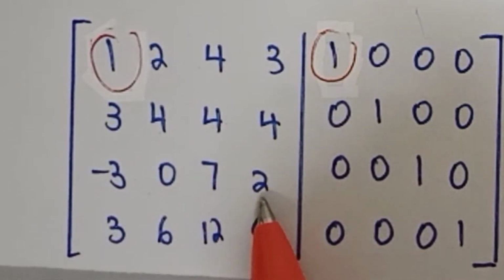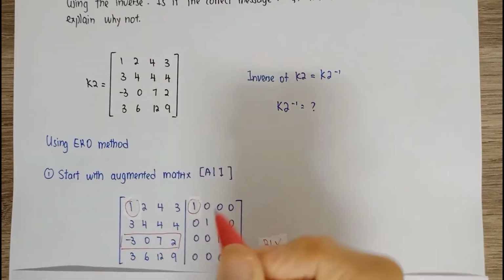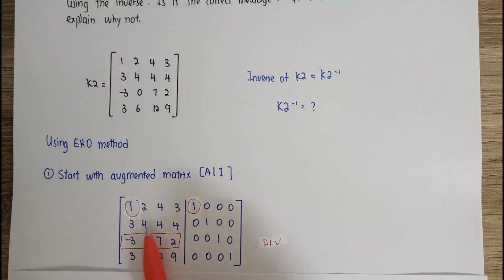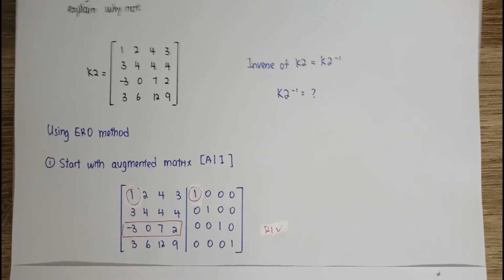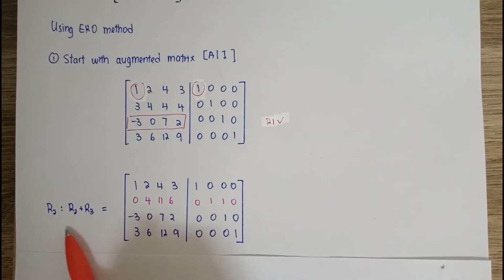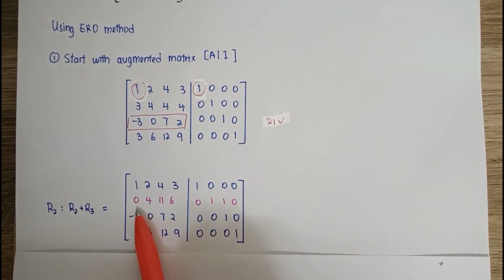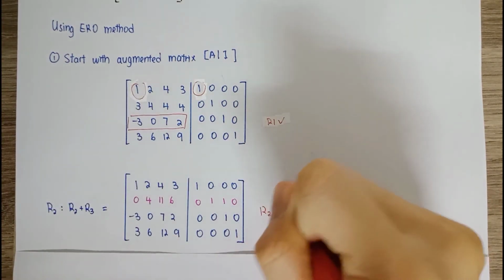We see the third row. If we add the third row and the second row, the 3 becomes 0. So row 2 plus row 3, we will get this matrix. In row 2, the first number becomes 0. So row 2 is checked.